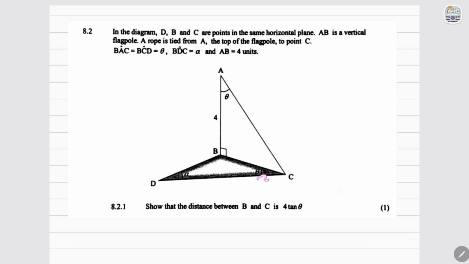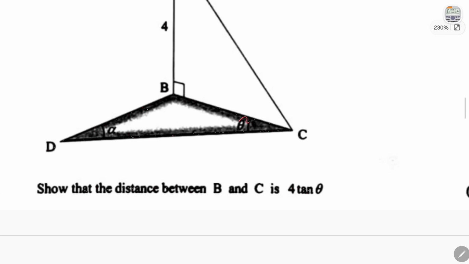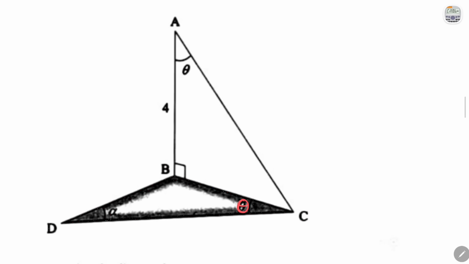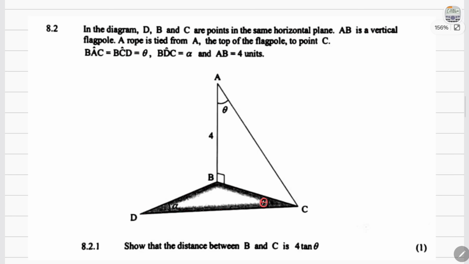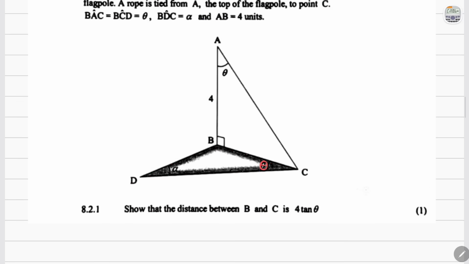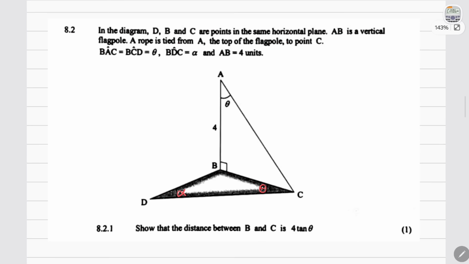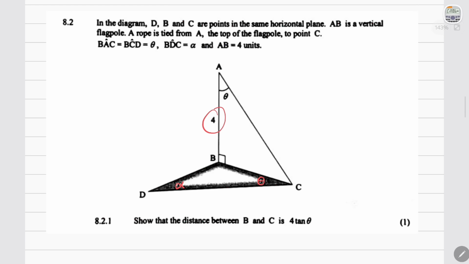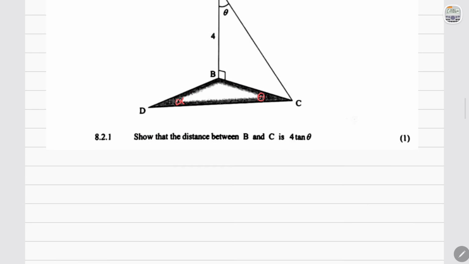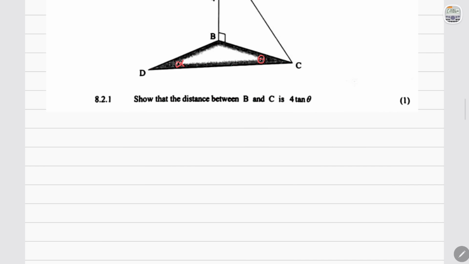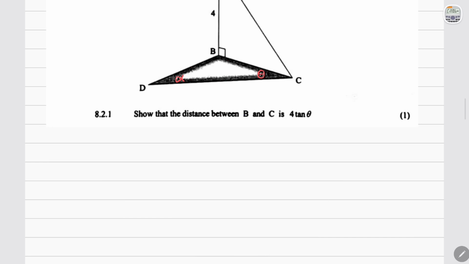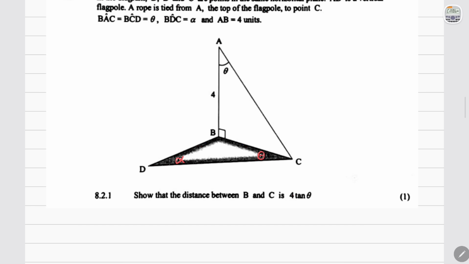BAC is equal to angle BCD, this angle over there. I'm just going to make that more visible. That is theta as well. And then angle BDC is alpha, which we have over here. And they tell us that AB is equal to 4 units. Question 8.2.1 says, show that the distance between B and C is 4 tan theta.